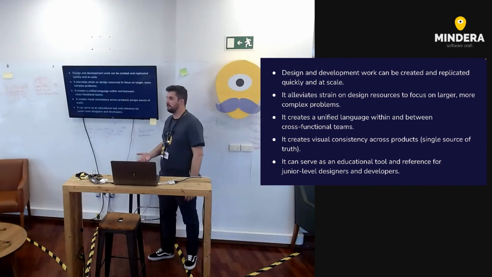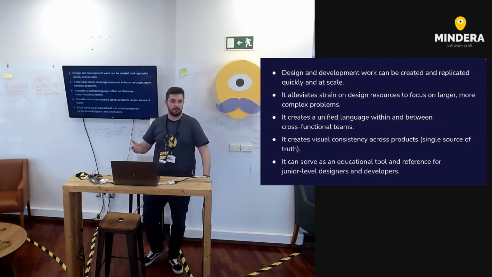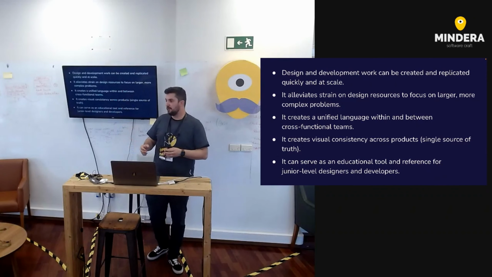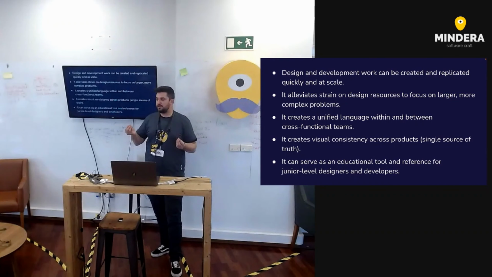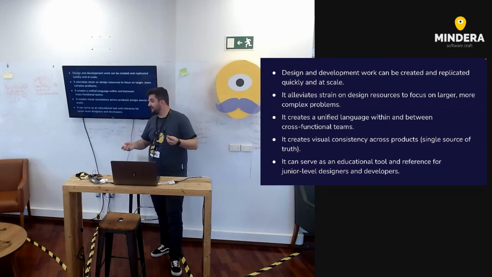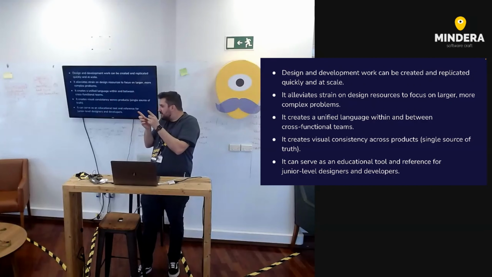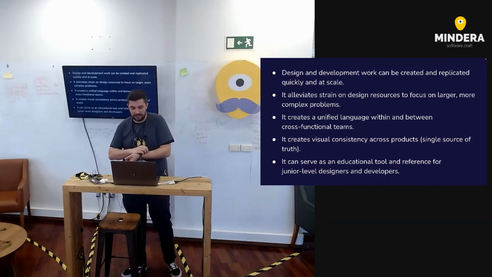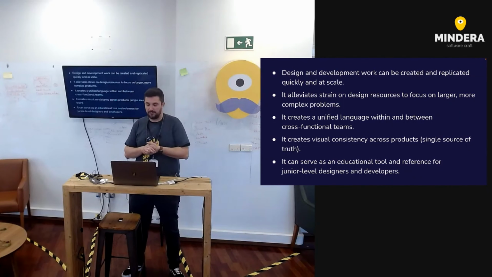Sometimes on design teams and front-end teams we can have issues with consistency, so sometimes we see smaller things where the pixel is not pixel perfect. And that way we have a single source of truth.